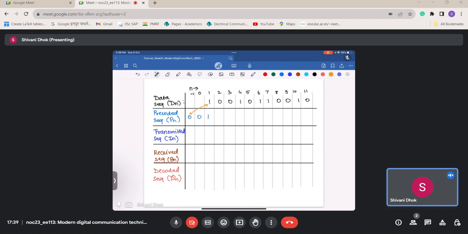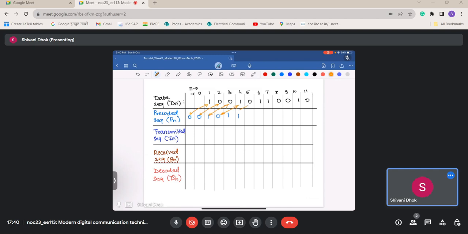For n equal to 2, I'll look at these two values, and this gives me a 0. Then I'll look at these two values, so XOR of 0 and 1 will be 1. Then again XOR of 1 and 0, that comes out to be 1.